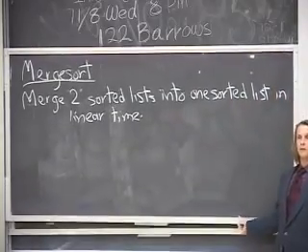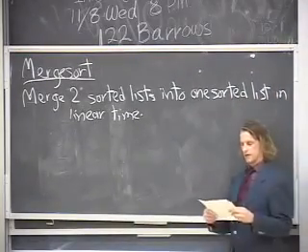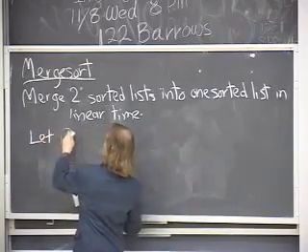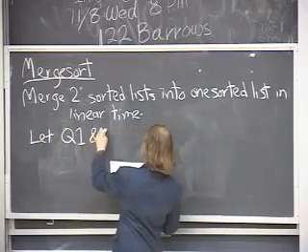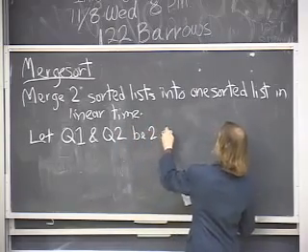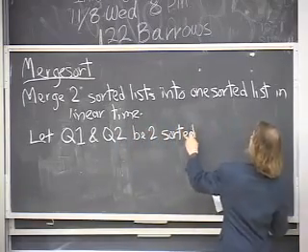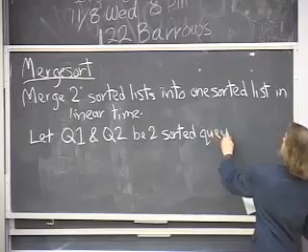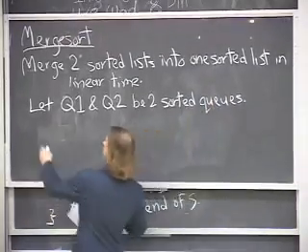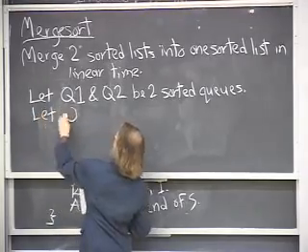We're going to do that by using two queues and sorting the items into a third queue. So let's say Q1 and Q2 are the two sorted queues which contain the lists of sorted numbers that we want to merge. And let's create an empty queue Q to merge them into.